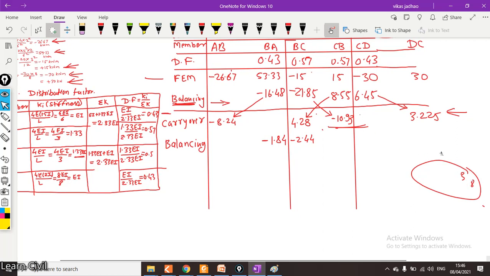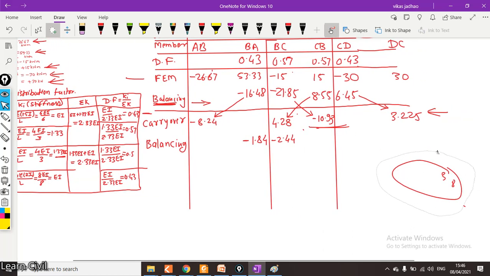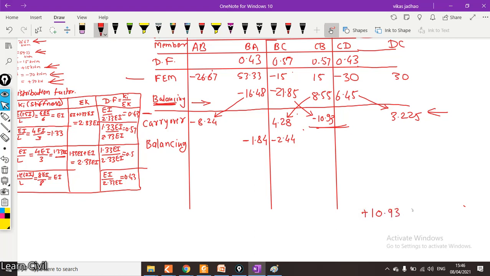Okay, so what we have to do, we have to apply a balancing moment of plus 10.93 at joint C, and it will be distributed among CB and CD.